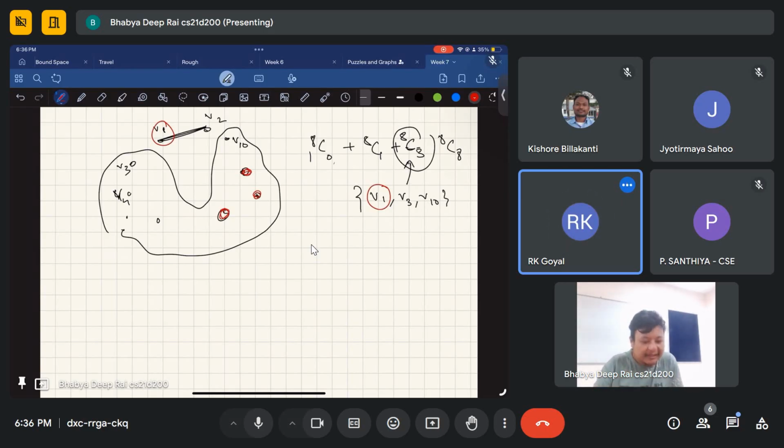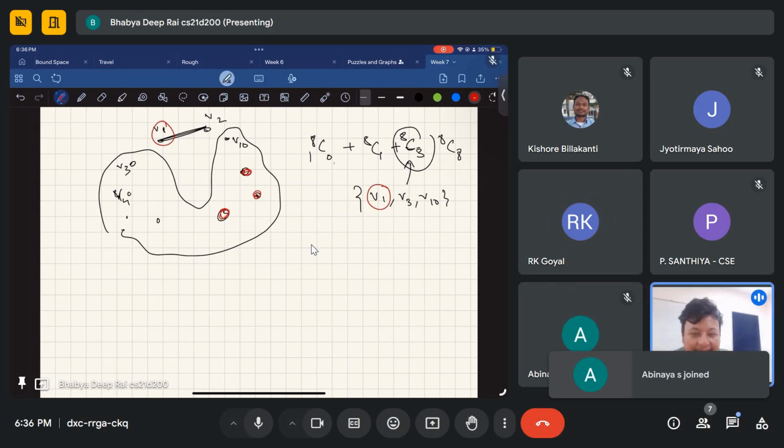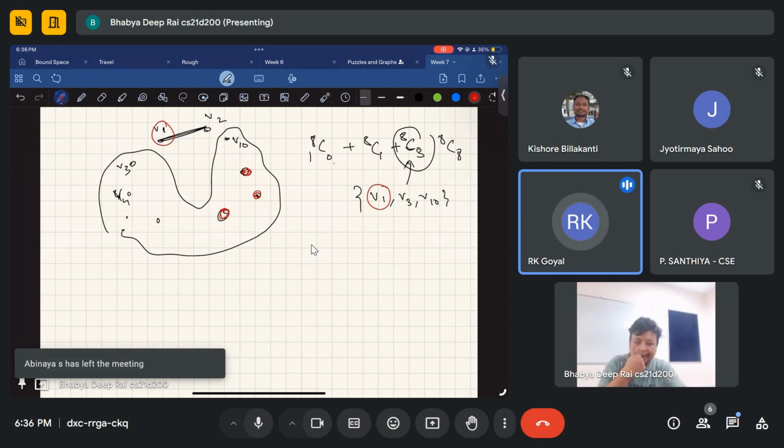Well, I think it's not entirely incorrect, but it should be a simple argument that, again like before, you are just fixing V1. So you are choosing V1 to be there or not. Since I'm only considering 8 vertices, I have already fixed an edge between V1 and V2.